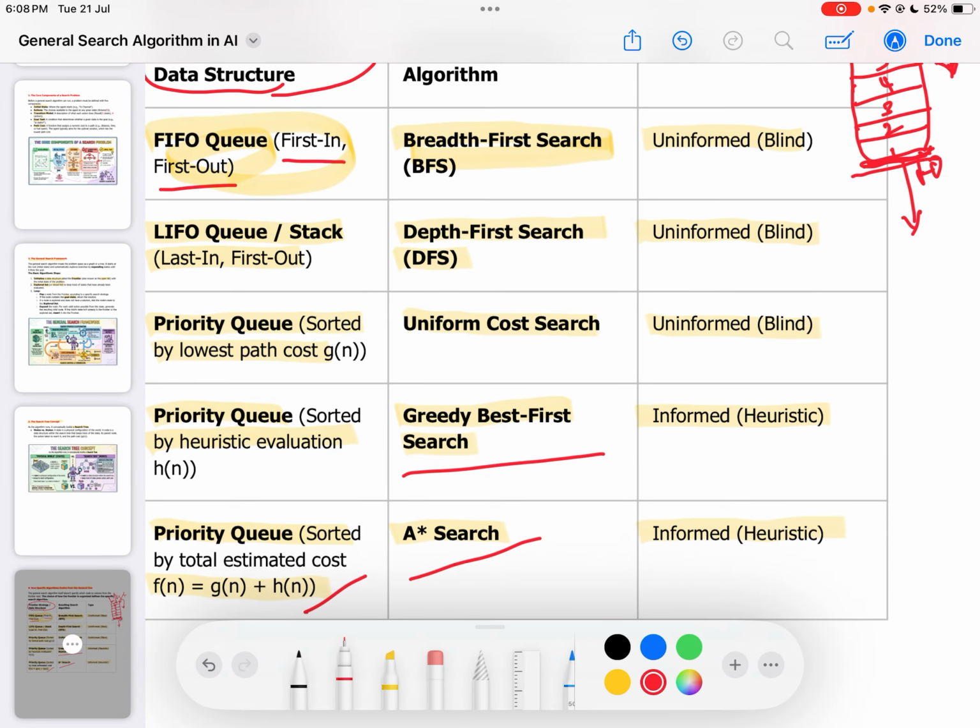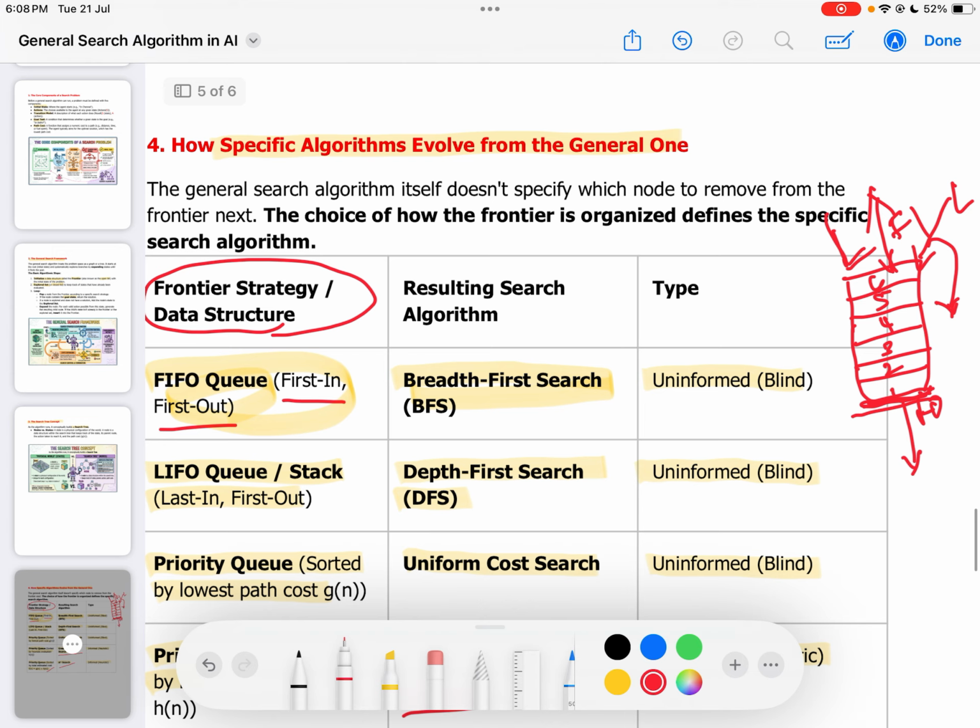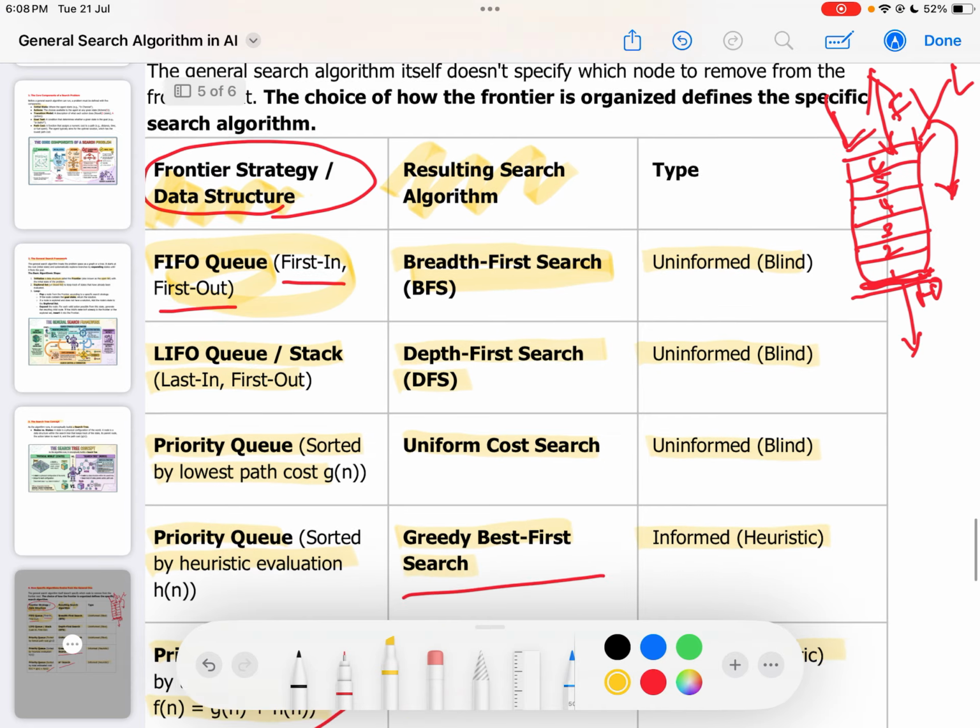Now what we have to understand in this is that for a specific data structure type, the resulting search algorithm is fixed. The data structure that is taken will implement this search method by AI.